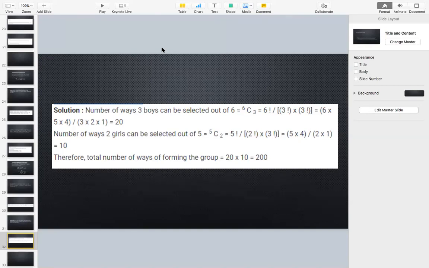But what is the mistake with 10C2? 10C2 will mean that from the 10 vertices, you are taking two vertices.